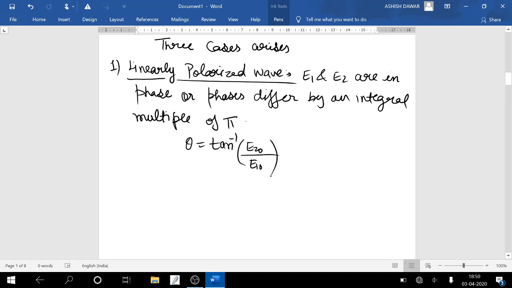Okay, and its magnitude E equals (E10 square plus E20 square) raised to the power 1 by 2.